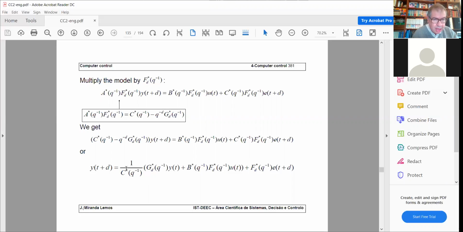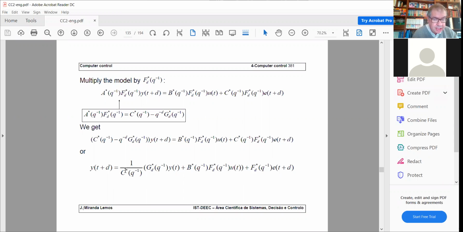So this first part depends on data up to time t, and this second part depends on data from time t plus 1 in the future. So they are independent.